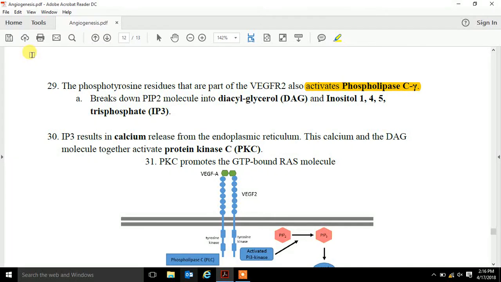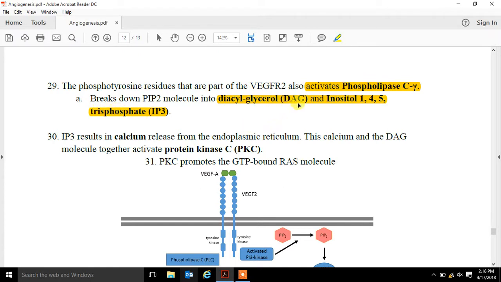We talked about phospholipase C early on in the semester when we were talking about inter and intracellular signaling. Phospholipase C, we know, is going to impact the DAG molecule and the IP3 molecule. And like always, I'll give you both the name and the abbreviation.